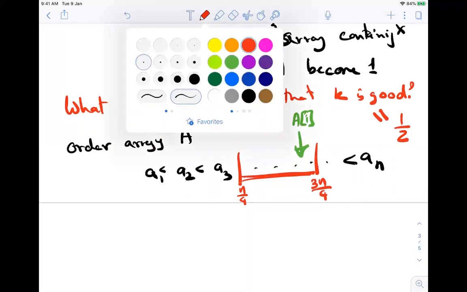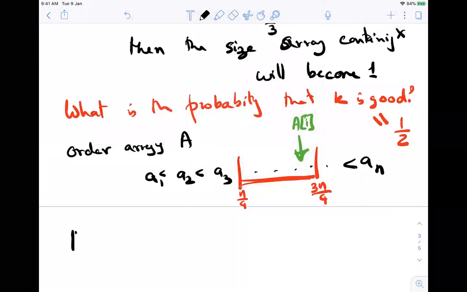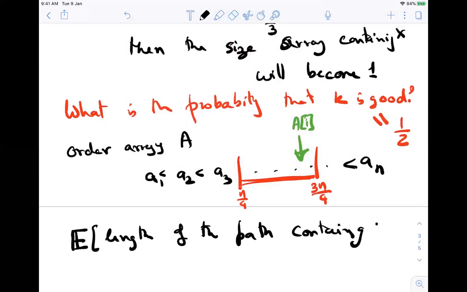So what do I have? That expected number of, expected, let me put this one. Expected length of the path containing x.